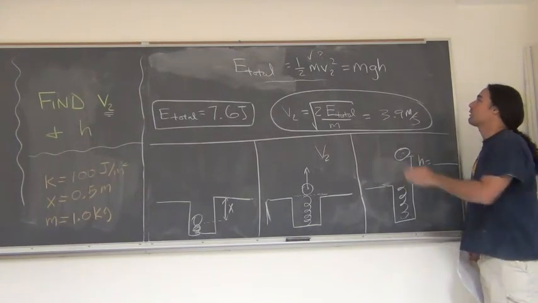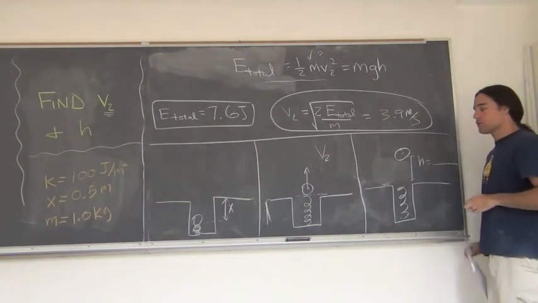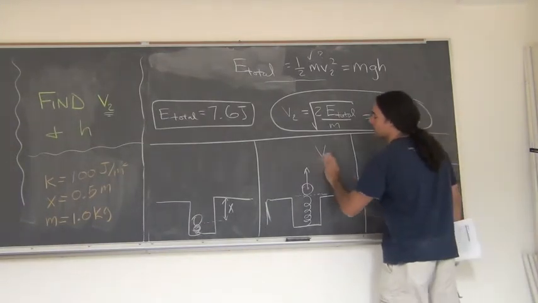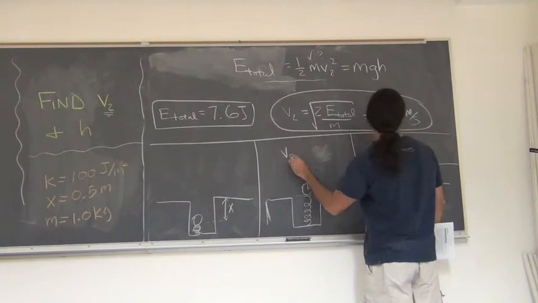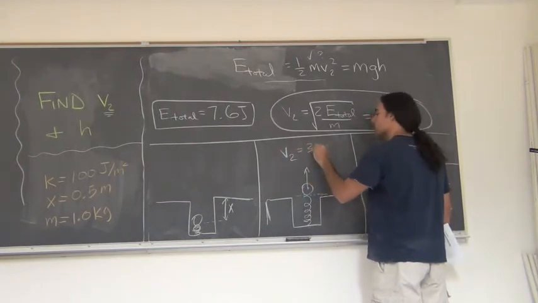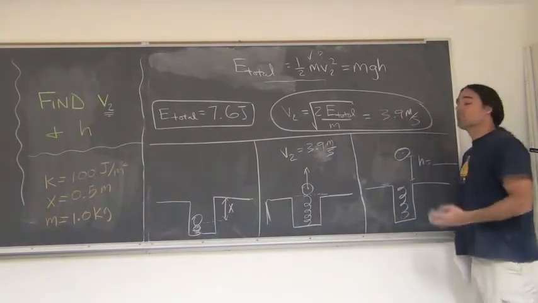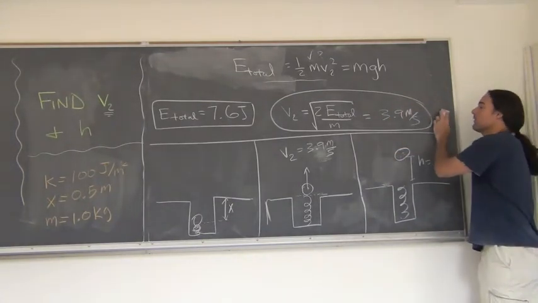Let's see if we can figure out what the height in this picture is going to be. I'll put down my velocity here. V2 is 3.9 meters per second. Let us now do the same thing. Again, let's simplify a little bit.